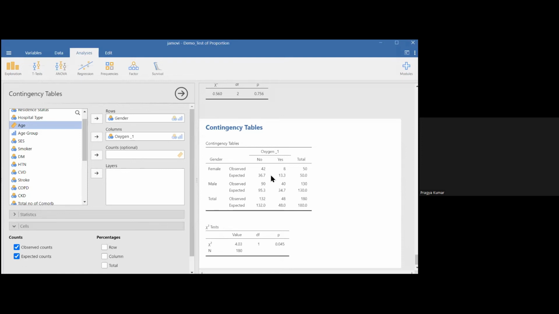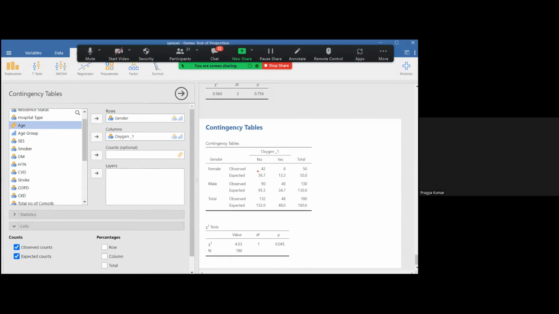So you can see here, expected count in each cell, it is more than 5. So this is 36.7 and 13.3, the expected count. We never report expected count, just for demonstration purpose I am showing you. Otherwise, you don't do this expected count. So this, you can see all the expected cell count, it is more than 5 in each cell.